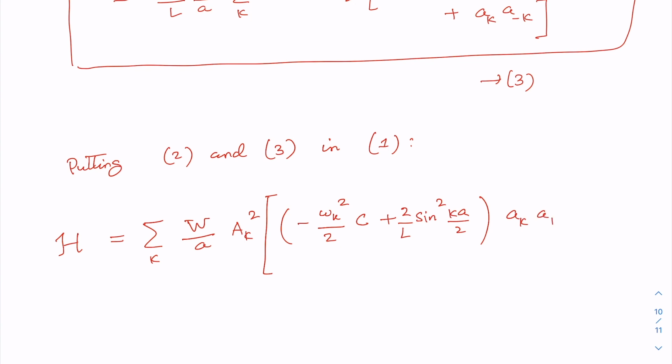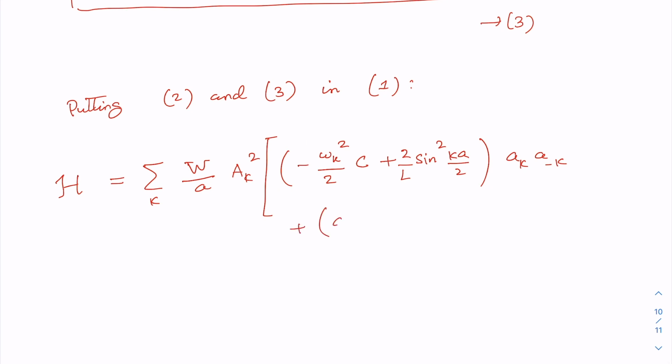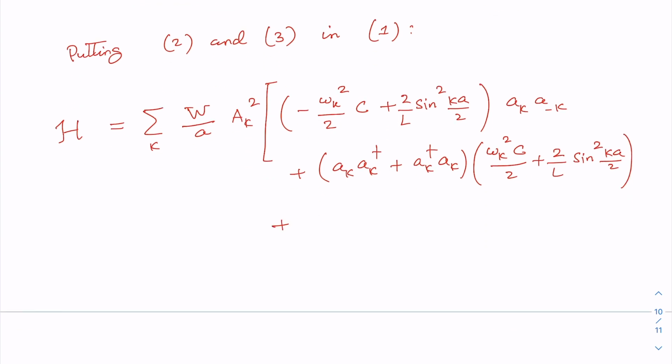is also there. You have a minus k, a minus k, and you will have terms plus ak dagger plus ak dagger ak, which would be multiplied by omega k square c by 2 plus 2 by l sine square ka by 2, and you will have a term like minus omega k square by 2 into c plus 2 by l sine square ka by 2, ak dagger a minus k dagger.